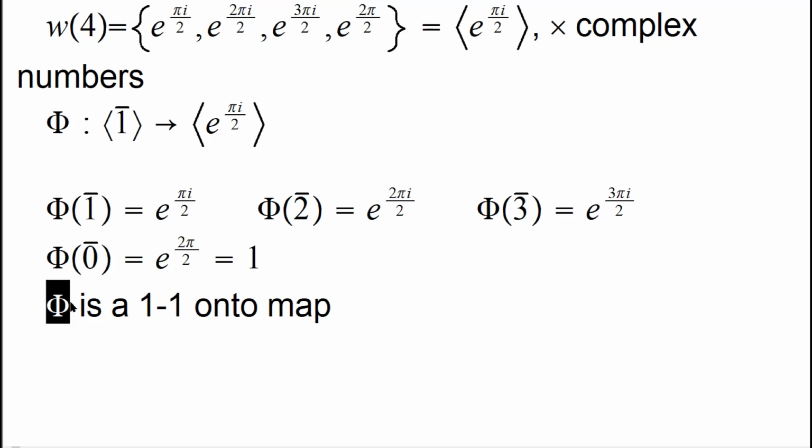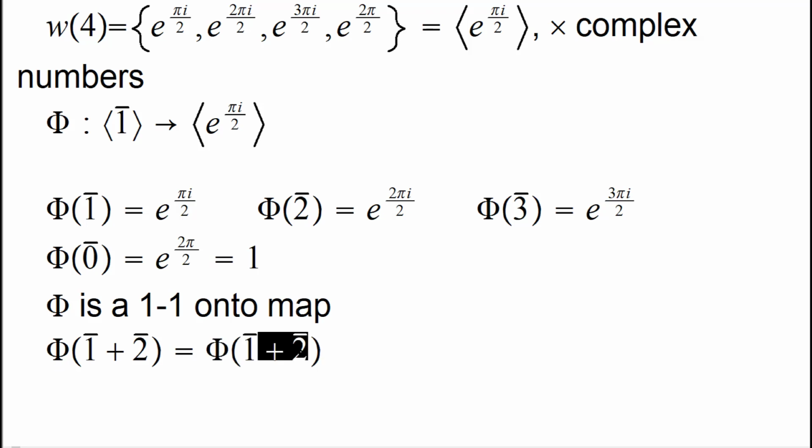Notice this, if I look at phi of 1 plus 2, then you can see that will be phi of 3, right? And phi of 3 is simply this element here.